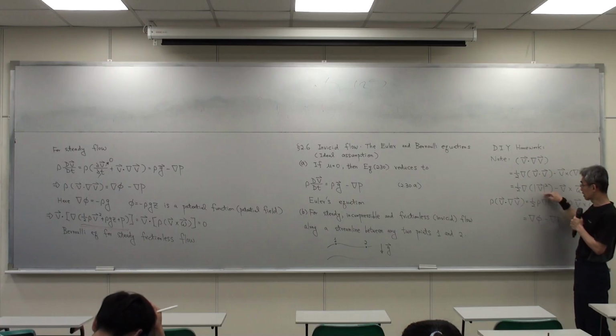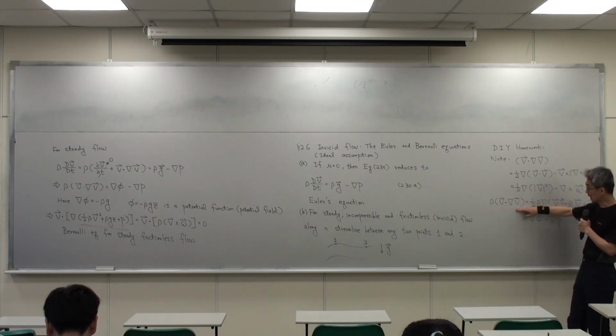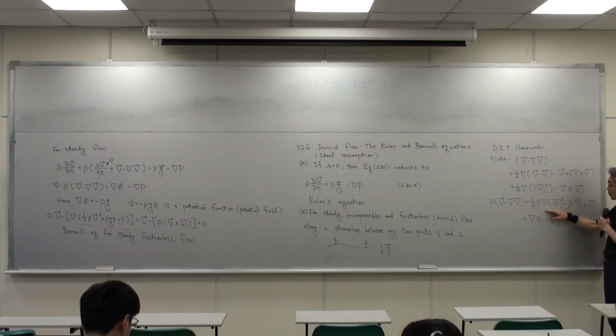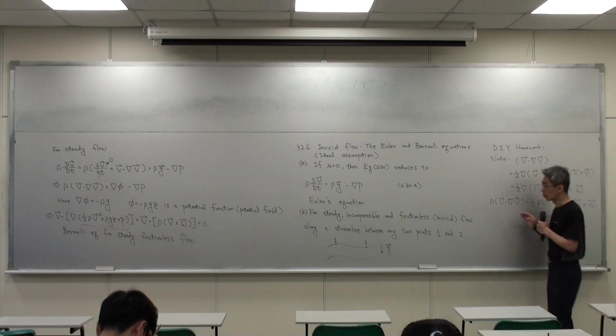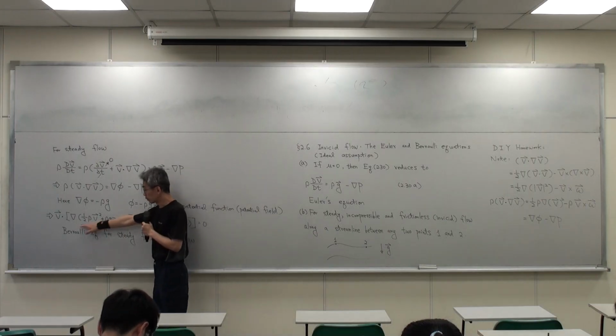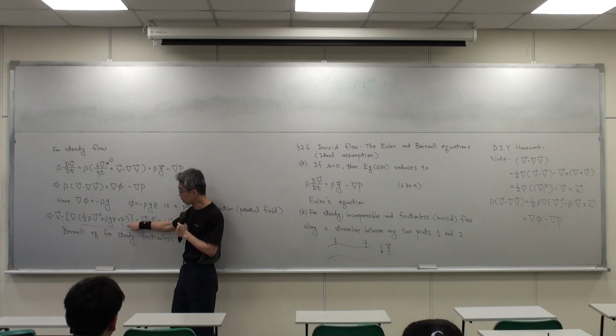So we take this gradient to the left-hand side. The original term, we combine with the potential function and also the pressure, so we can get this term. This is for the potential function, this is pressure.